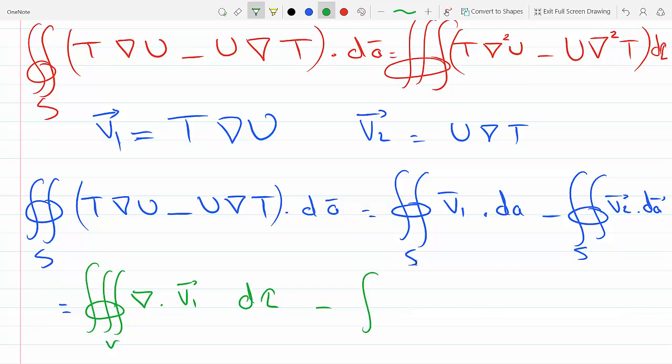And then I can do the same exact thing on the second one: the divergence of V2 d tau. Okay.